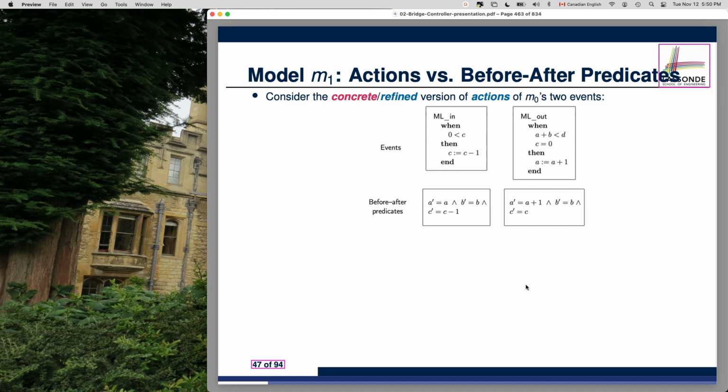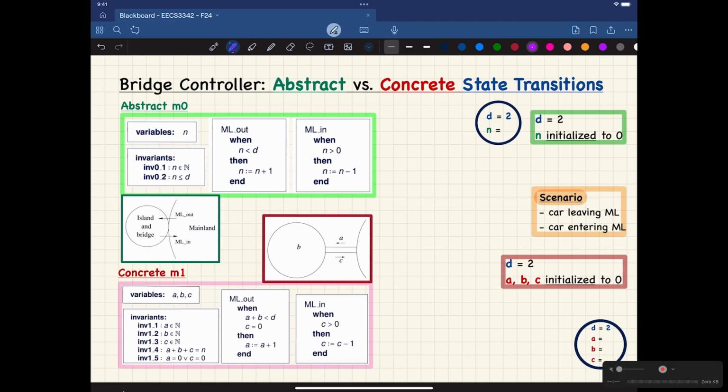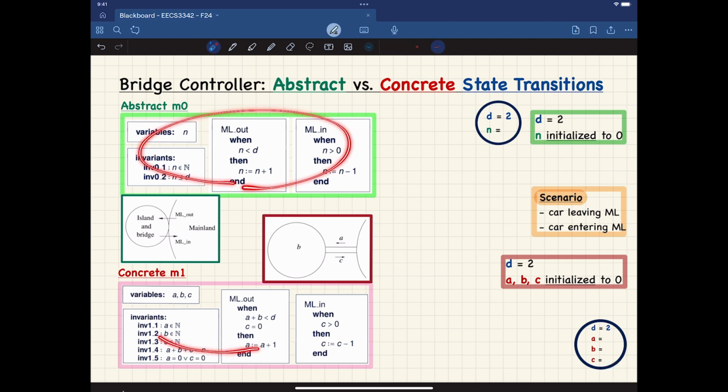Okay, I think before that, I would like to show you some transition first. So let's go back to iPad. Let's now try to put these two models together.